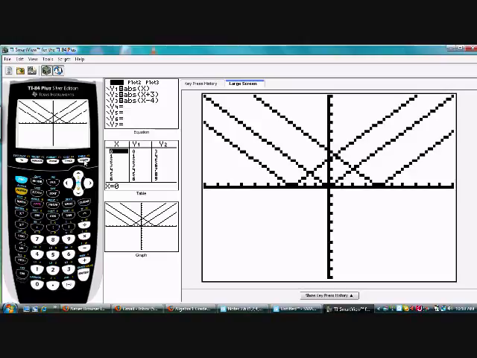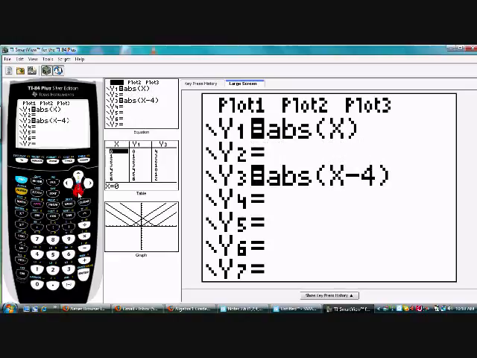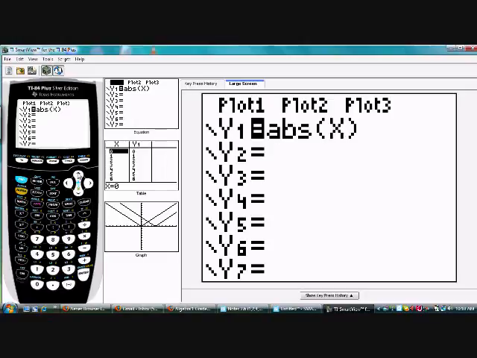Okay? How do you think we should turn this thing upside down? Negative. All right, so let's try that. Now what we're going to do is put that negative in a particular place.